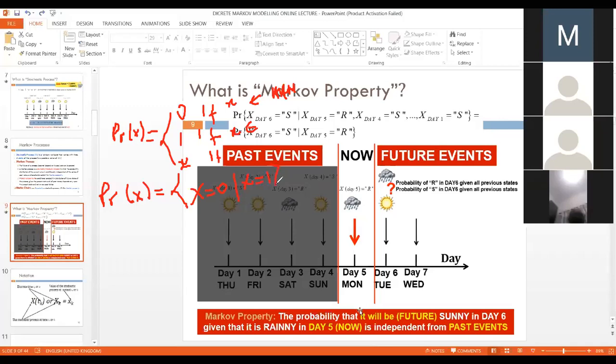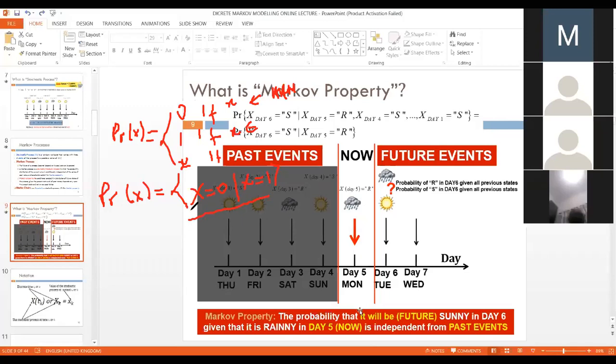In basic terms, relating to the toss of a coin, this would be interpreted as the state in the second toss of the coin is equal to 0, which means a tail, given that in the first toss we obtained a head.